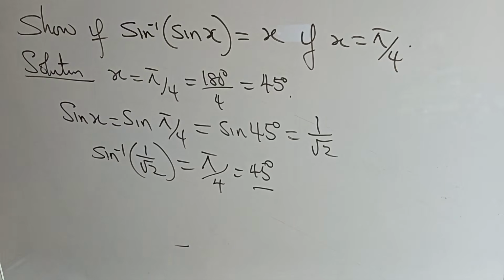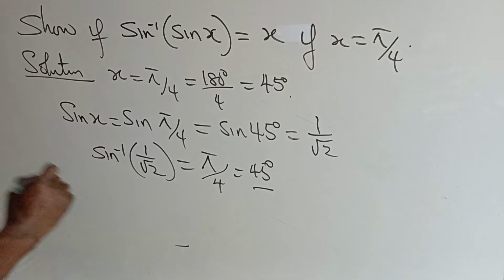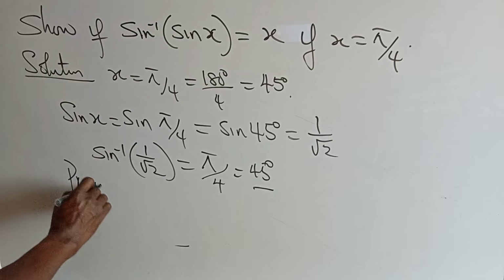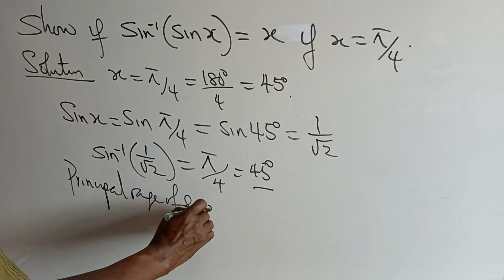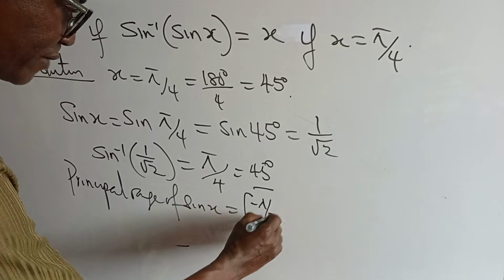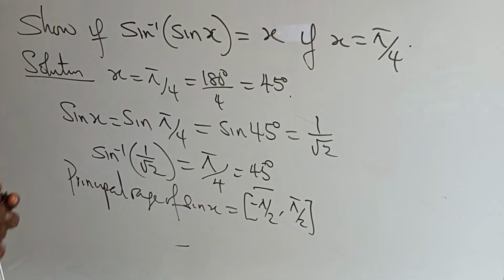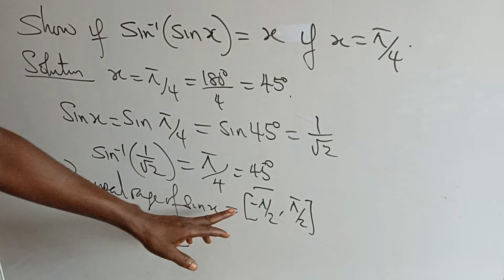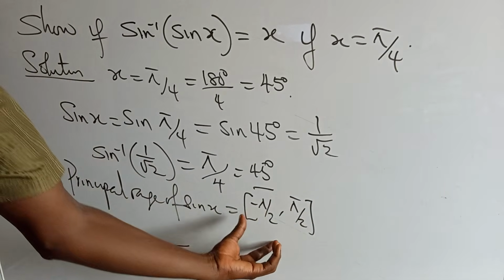It is satisfied because our pi over 4 is within the principal range. The principal range of sine x, like I told you before in the previous video, is minus pi all over 2 to pi all over 2. So anytime the value of your x is in the principal range, it satisfies the property. It could be minus pi over 2 or pi over 2 because this interval is closed.